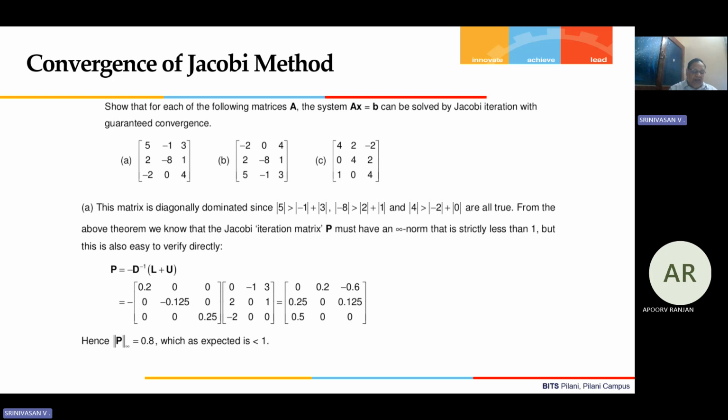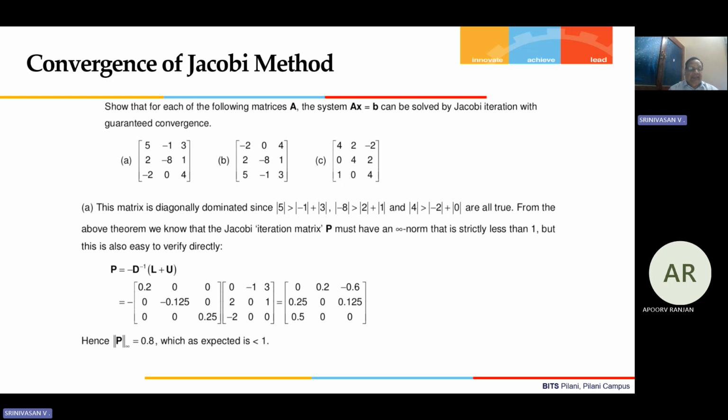Plus U, similarly, has principal diagonal zeros, lower portion 0, upper portion minus 1, 3 in the first row, 1 in the second row. So if you add D plus L plus U, you will get your original matrix A: 5 minus 1 3, 2 minus 8 1, minus 2 0 4. You can check. So this is how you find the inverse of the diagonal matrix D, and L plus U you can easily find the product. Then D inverse into L plus U is this much.